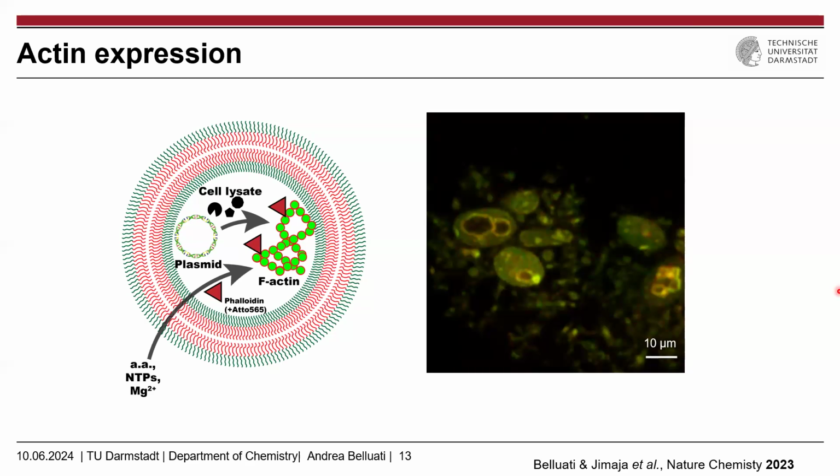Can we actually couple the myosin production as well in the vesicle with the actin, to create the stress fiber inside the vesicle so that we can control it remotely?